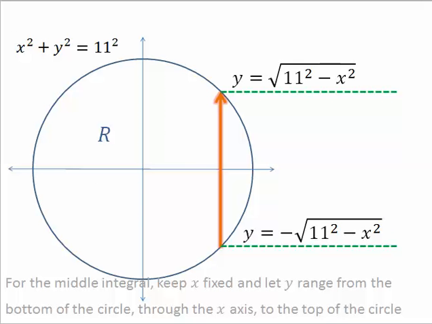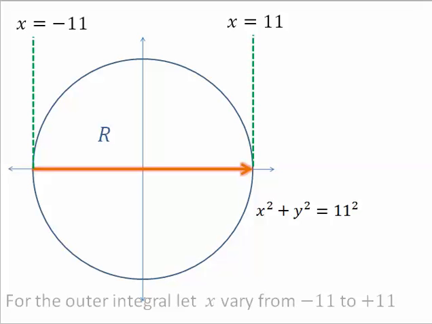For the middle integral, keep x fixed and let y range from the bottom of the circle through the x-axis to the top of the circle. For the outer integral, let x vary from negative 11 to positive 11.